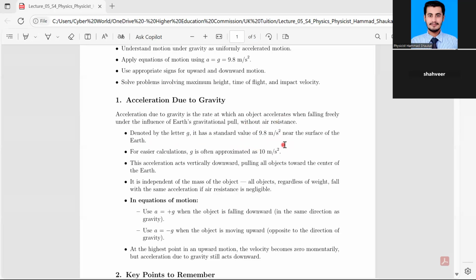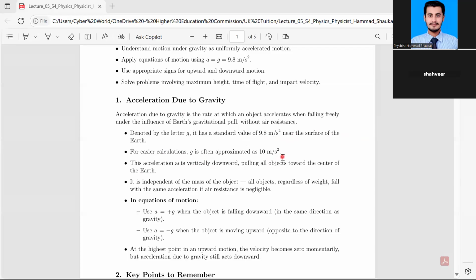Gravitational acceleration varies from planet to planet, but we remain on Earth, and the Earth's gravitational acceleration is 9.8 meter per second square near the surface of the Earth. Sometimes we use the approximated value like 10 meter per second square for easy calculations.